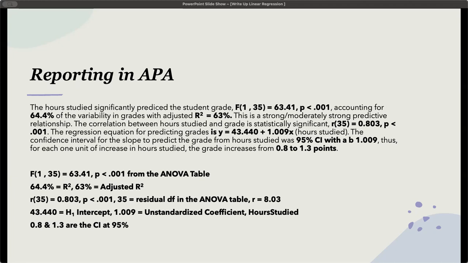So you can pull that right off of the confidence interval portion of the chart. That's where we're getting that number from. So this is how you would do the full write-up for the linear regression, which includes the forecasting. Additionally, you would want to include the graph in the write-up, in the thesis, or in the article.